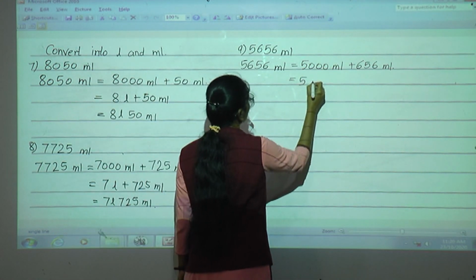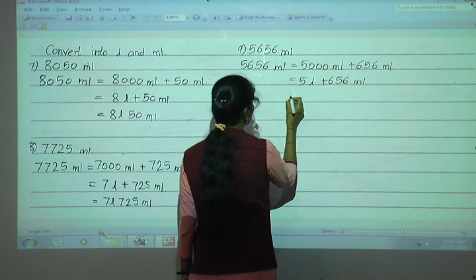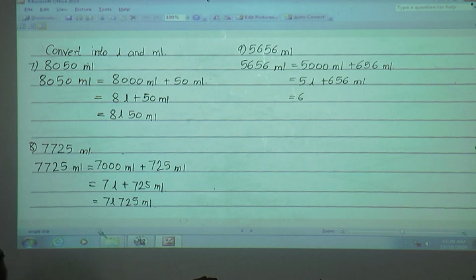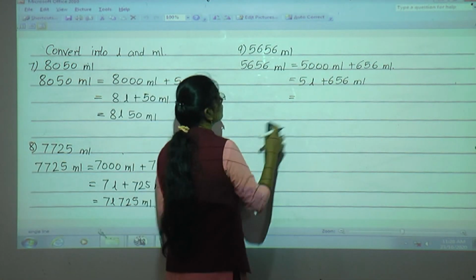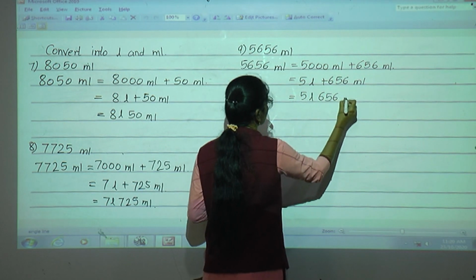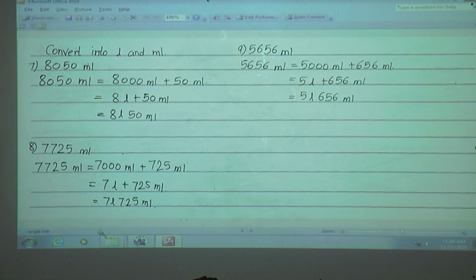So here we will write 5 liter plus 656 milliliter. Now in the step 3, we will remove only plus sign. So 5 liter 656 milliliter. 5656 milliliter is equal to 5 liter and 656 milliliter. Understood how to solve, how to convert into liters and milliliters? Okay.